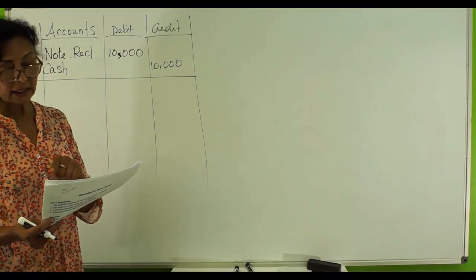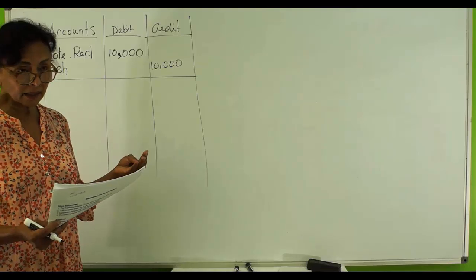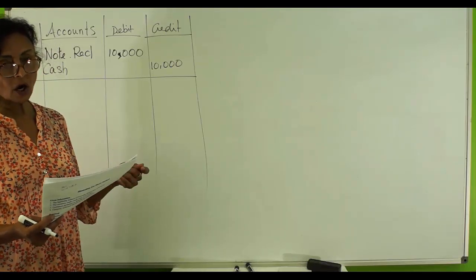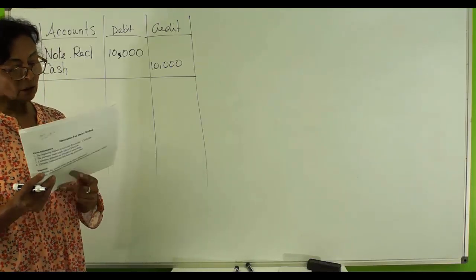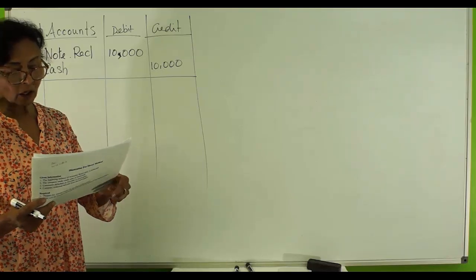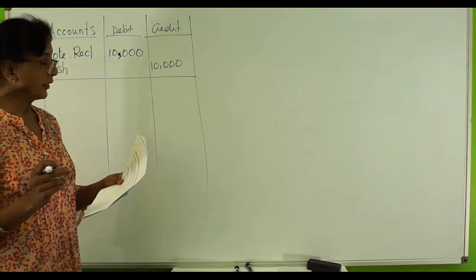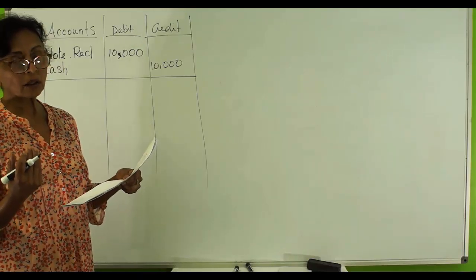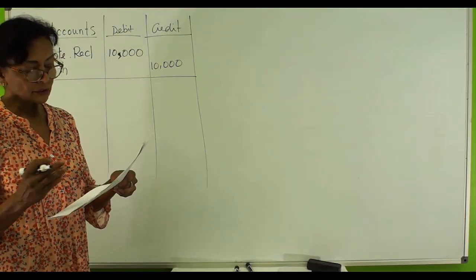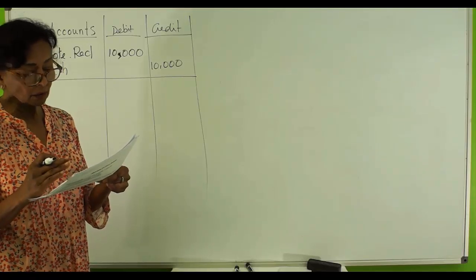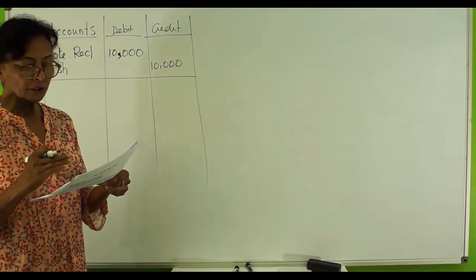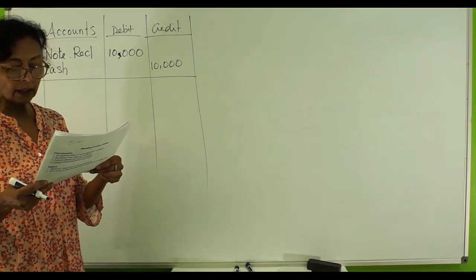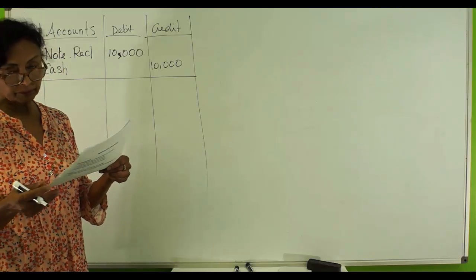So that means company B will pay back the money and all the interest on October 1st. The loan and the interest will be paid on the maturity date. So the term of the note from May 1st to October 1st is 5 months.